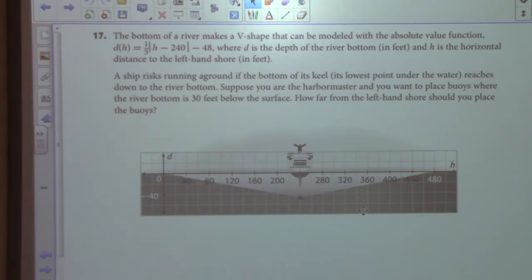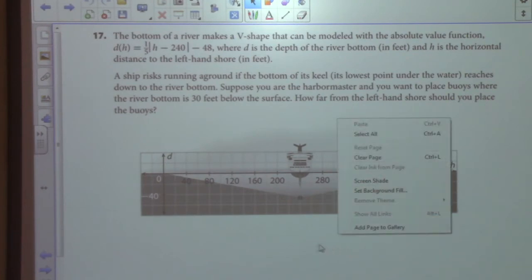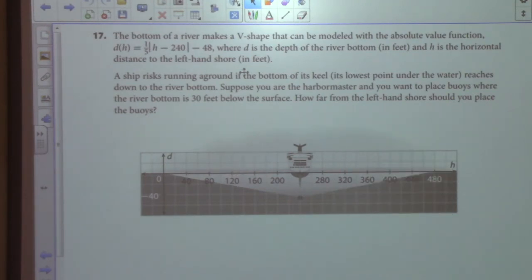From the left, it'd be 160. From the right, 320. So Randy says 320, from the right, and from the left is 160. So Randy says right here. Did you work out the equation on it, or did you just look at the sketch?